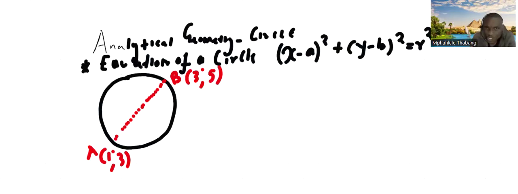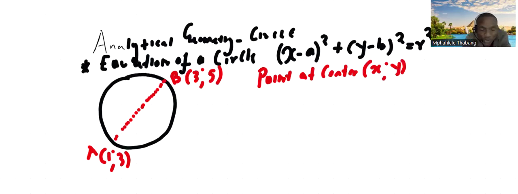For us to find the equation of a circle, we need the coordinates of the point at the center. I must know its x coordinate and its y coordinate. Let us go to my circle with diameter AB. Do I know the point at the center? I can find it.